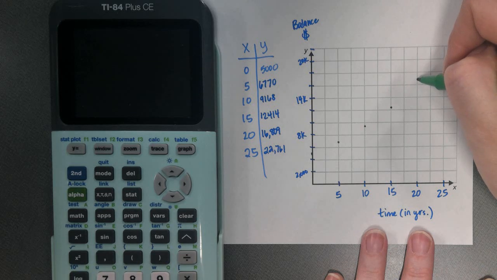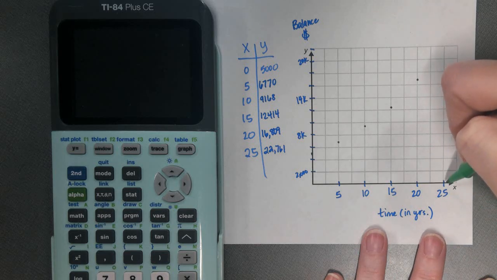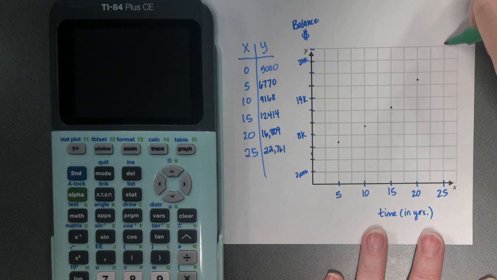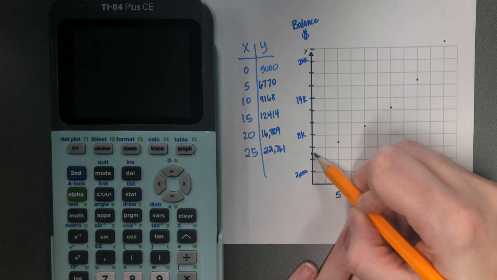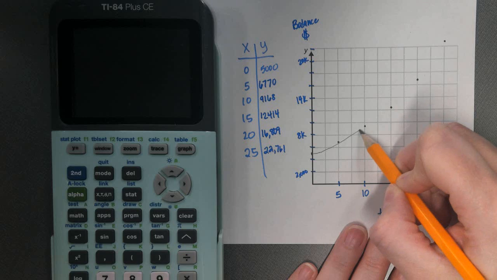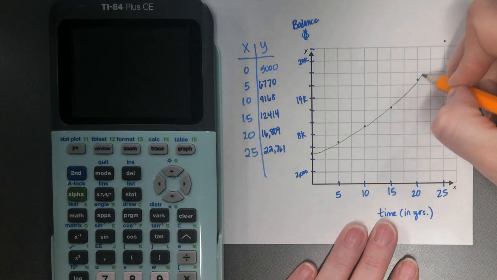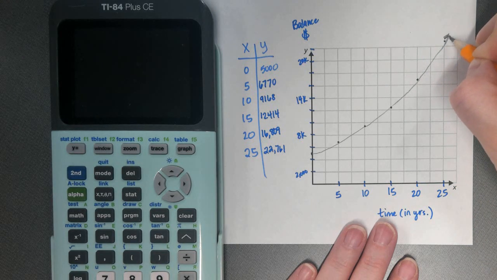So I'm almost to 17,000 there, and at 25, I'm a little bit above 22,000, so it'd probably be right there. Okay, and you are connecting this with a curve. This is just a slight curve here. Okay, and then your arrow does go on this side.